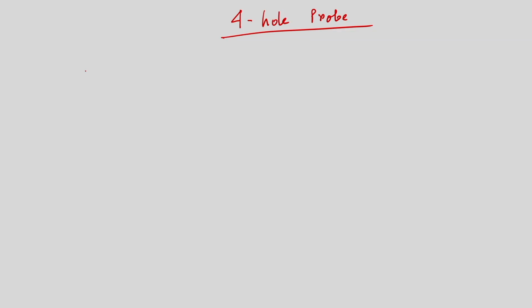Now, the schematic of a 4 hole probe is very straightforward, that I have drawn in one of my last lectures. This is a simple type steel tube which is having 3 different holes.